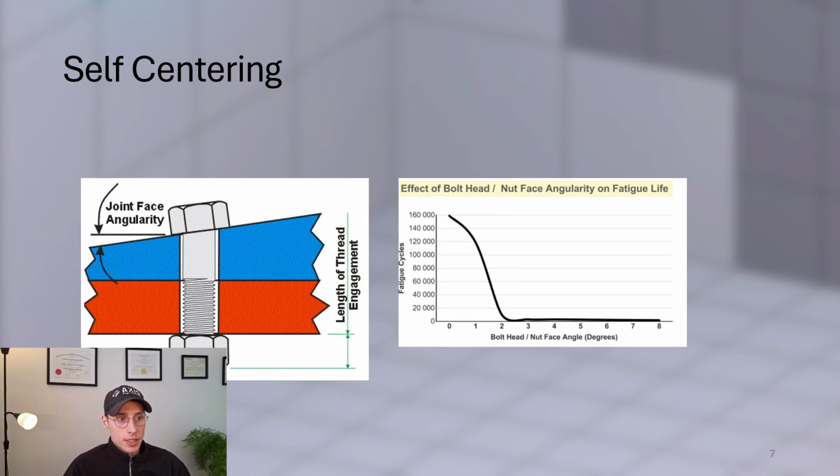This is important to think about, because if you're doing a high load cyclic activity, maybe like a really large pressure swing on a pressure vessel, every little bit of angle that you have offset between the head of the bolt or screw and the axis of the thread drops the life of your joint significantly. So if you look at this chart, below 1 degree, your number of fatigue cycles just plummets.